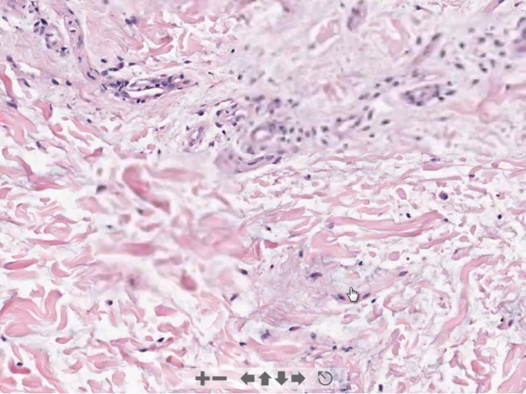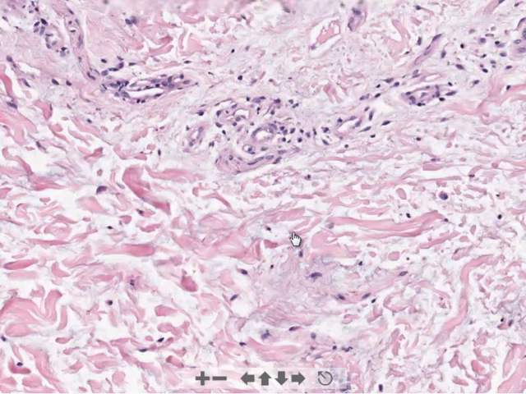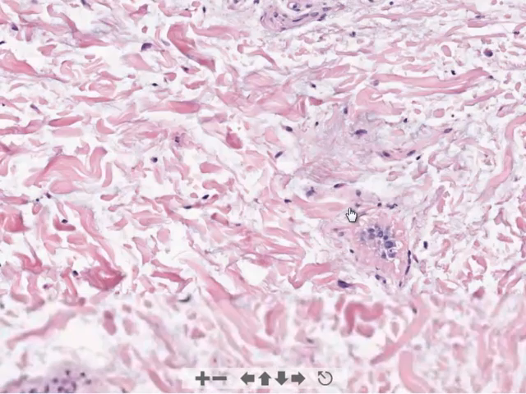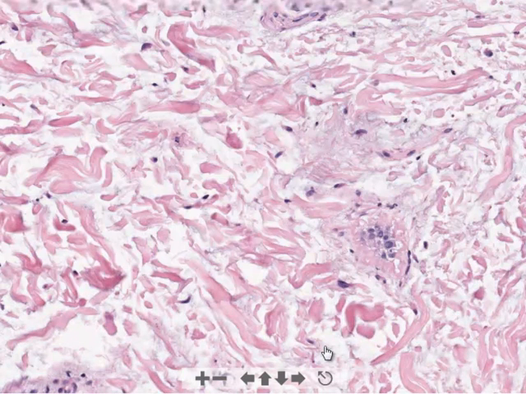we can start to appreciate that there is some fenestration of the collagen with this bluish material that is present between the collagen bundles. Now, if we were in the papillary dermis, this bluish material may simply be solar elastosis.